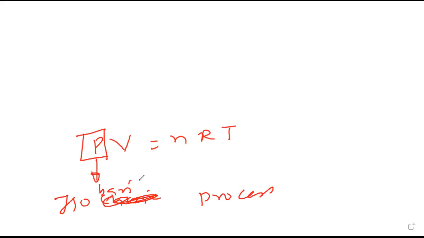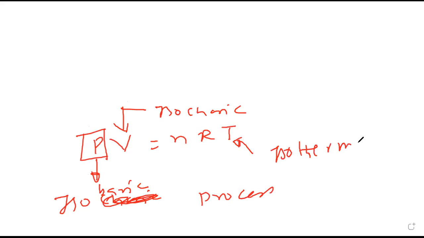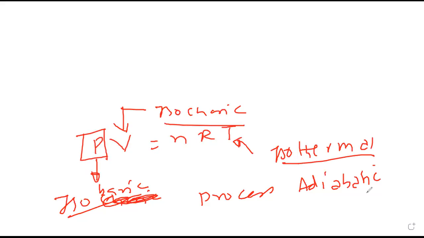If volume is kept constant, then isochoric. And if temperature is kept constant, then isothermal. If heat is kept constant, then adiabatic. So there can be isobaric, isothermal, isochoric and adiabatic processes. A gas can be heated in any one process.